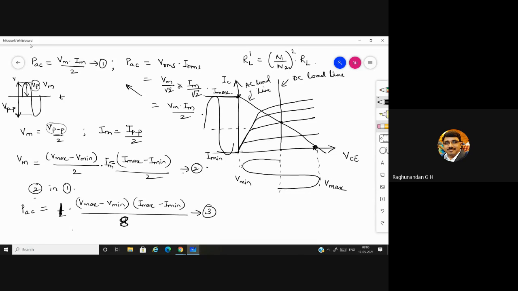Why do you consider only this point as maximum current, this point as maximum voltage? Why can't it go above it? Why can't it cross that point? So that's a safe limit for the BJT to operate in. After that, it gets spoiled.